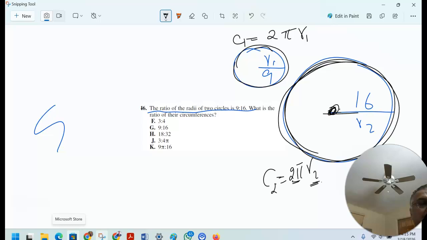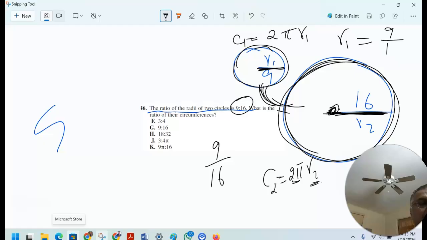So growing from 9 to 16, the first circle to the second one is 9 by 16. So the smaller one is 9/16. The first one is 9/16 of the second one.